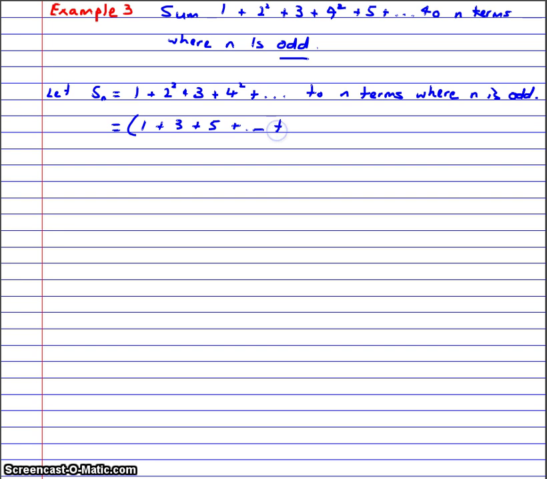But instead of to n over 2 terms, this first part is going to be to n plus 1 over 2 terms. And the second one, 2 squared plus 4 squared plus 6 squared, etc. That is to n minus 1 over 2 terms.